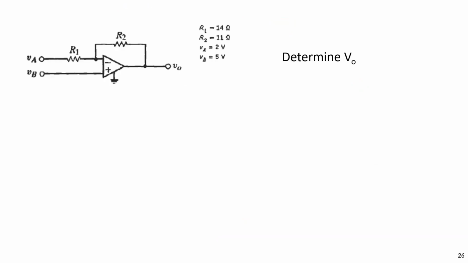Then, what is this? We have VA and we have VB. Summary amp or differential amp? Let's see. So you can go back to this. This is 2 volt, this is 5 volt, and this is 14 ohm and 11 ohm. Summary amp or differential amp?